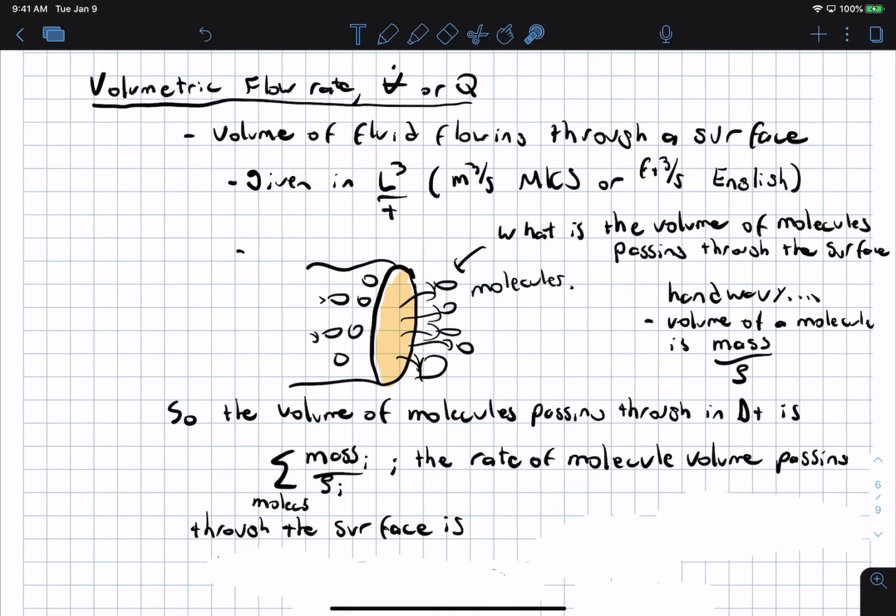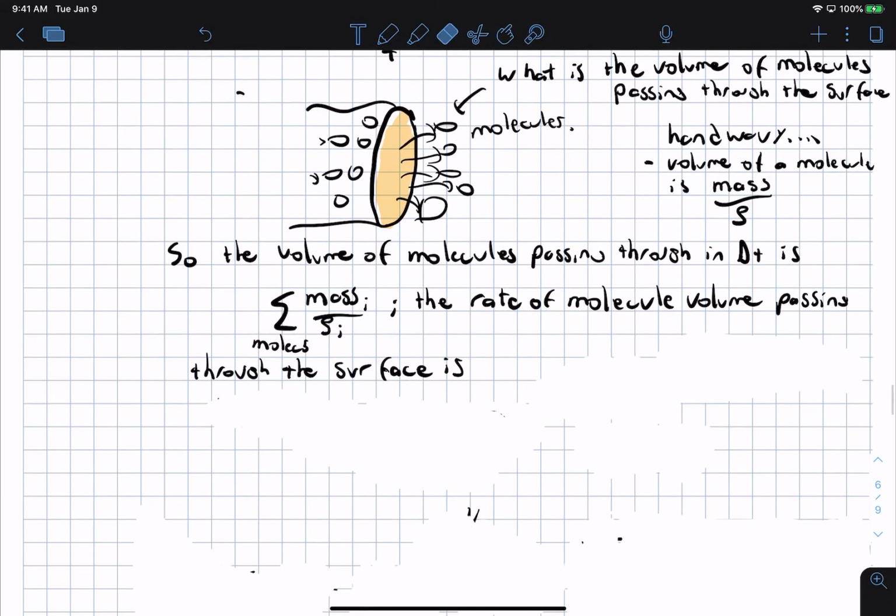Okay, and we can then use the exact same result that we did before, and just notice that our mass is multiplied by 1 over the density.